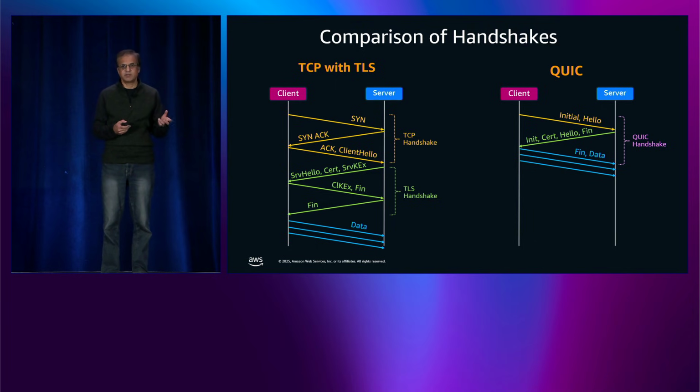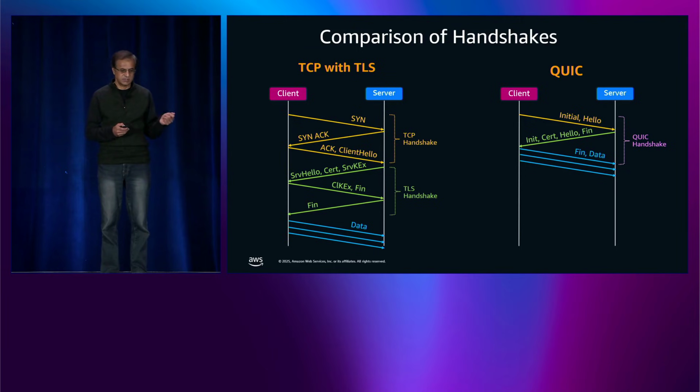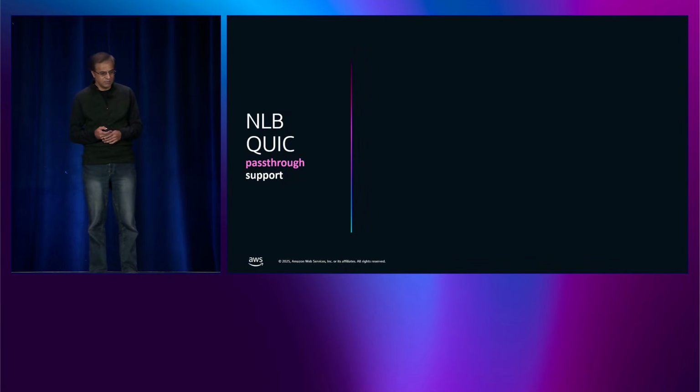So that is the advantage. Because this protocol has been optimized with lessons learned from decades of use of TCP with TLS, you can see why the connection establishment is so quick and why the data can move with low latency.